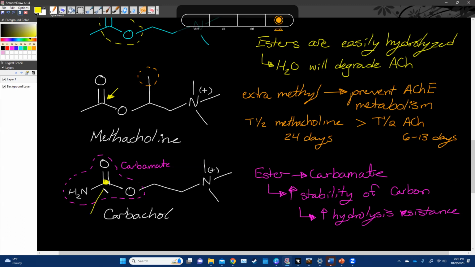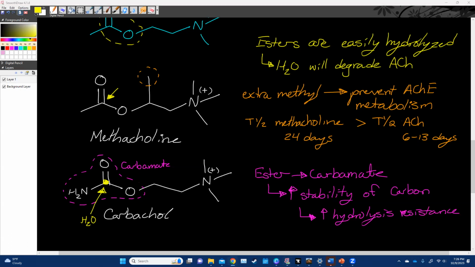This is where the water in acetylcholinesterase is going to come in. And so having the carbamate is going to decrease the ability for the water to break apart the drug. So carbamate is way more stable than the regular ester acetate functional group.